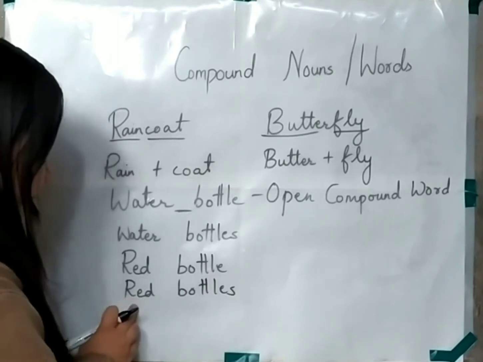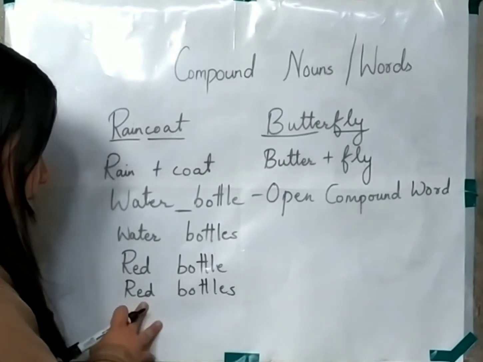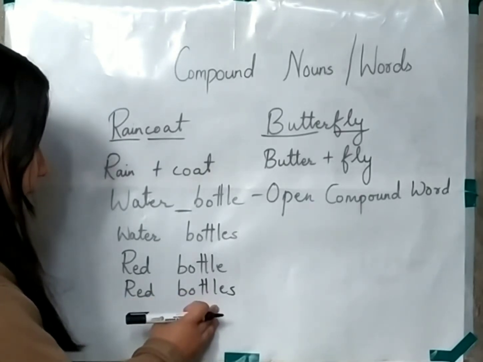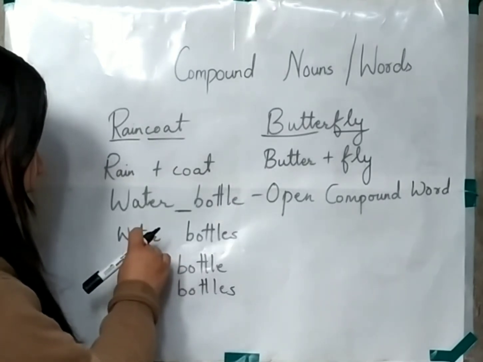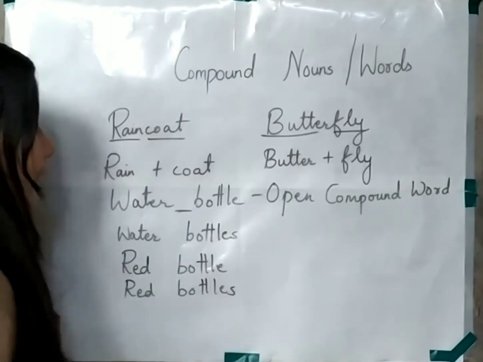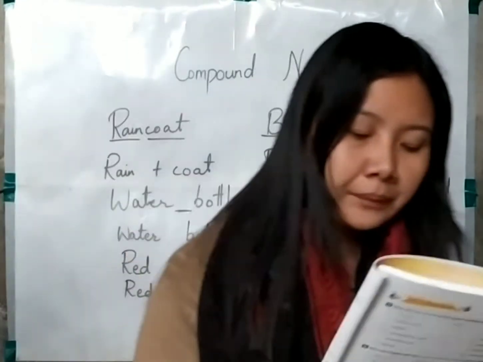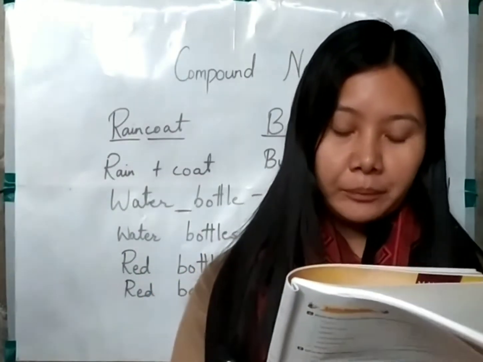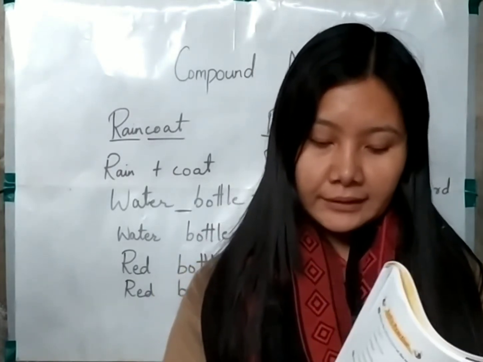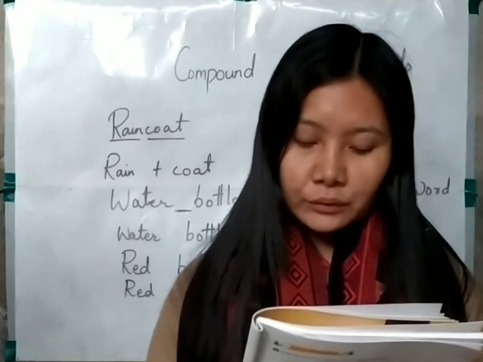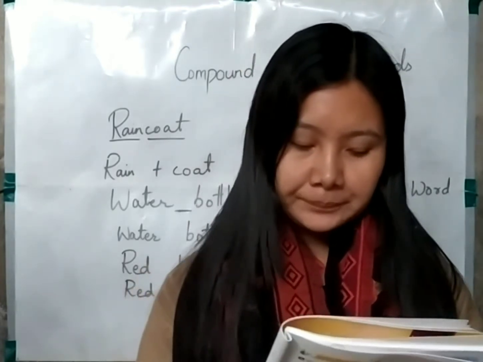Here is an adjective which I am using, red, the color red. It's describing the noun bottles. Over here the adjective water is describing the noun bottle, bottles. So the plural is formed by adding s or es to the base word. Here the base word is the noun bottle, and it is used with a modifying adjective, water.